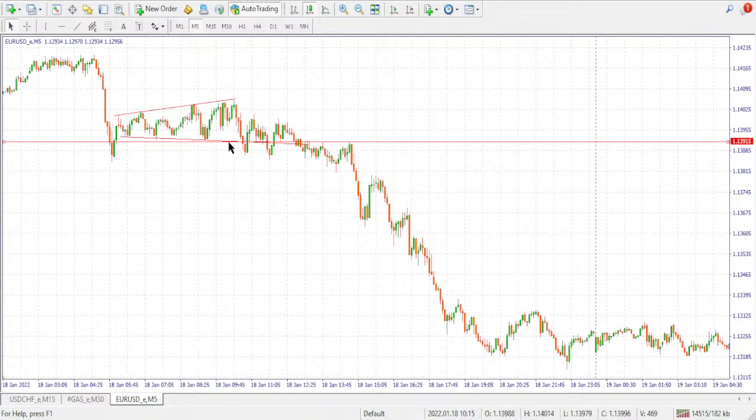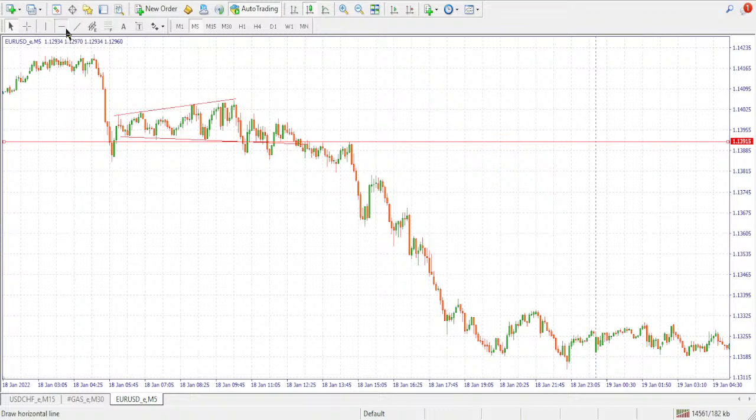So the most interesting thing is if the shape forms around the previous day's highest high or the previous day's lowest low, then that will give us the correct place to look for a trade from. Like in this case, we could have taken a sell here.